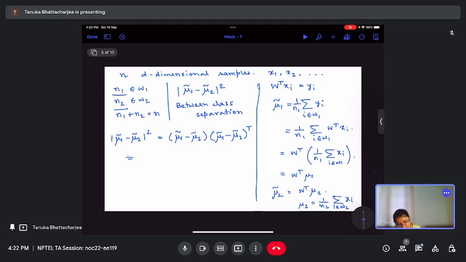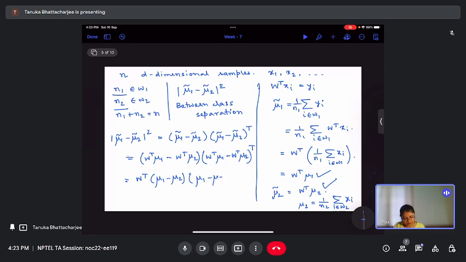Now you can further put the expressions of mu 1 tilde and mu 2 tilde as we have found here. So this becomes W transpose mu 1 minus W transpose mu 2 into W transpose mu 1 minus W transpose mu 2 whole transpose. You can simply take W transpose out: W transpose into mu 1 minus mu 2. Again, this will become mu 1 minus mu 2 transpose W.